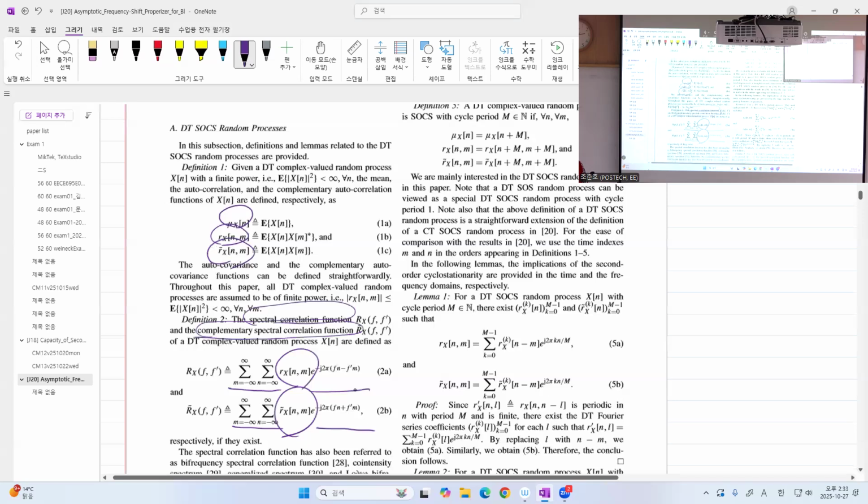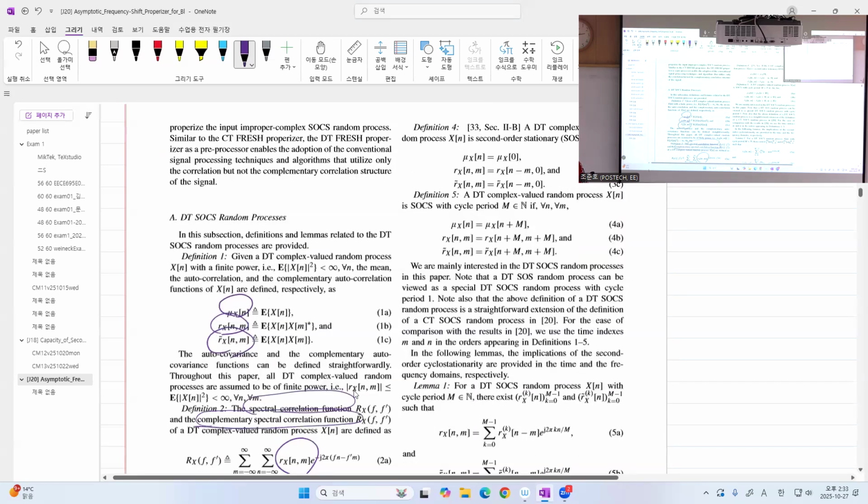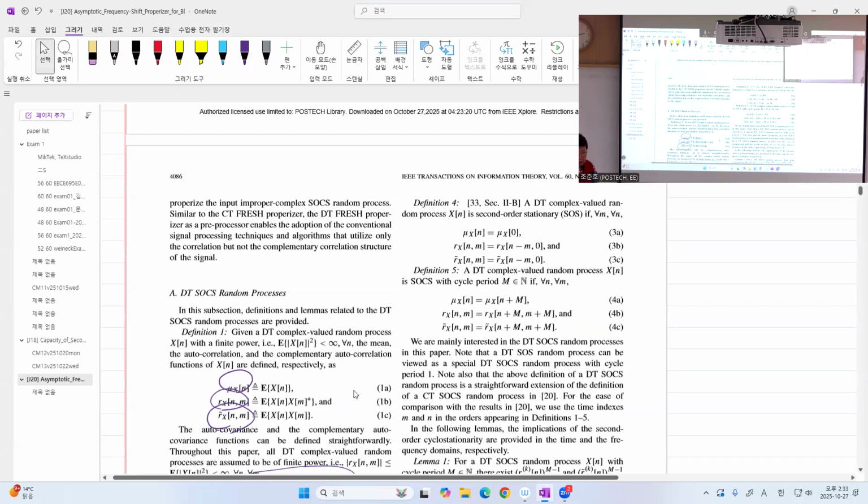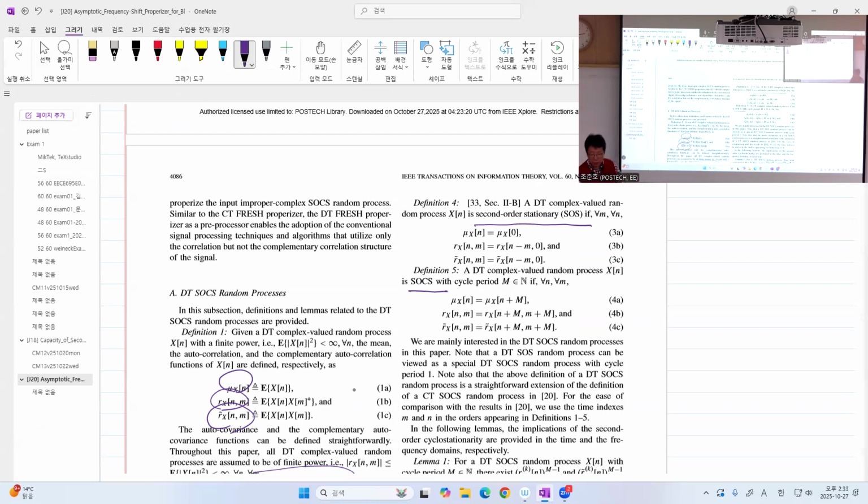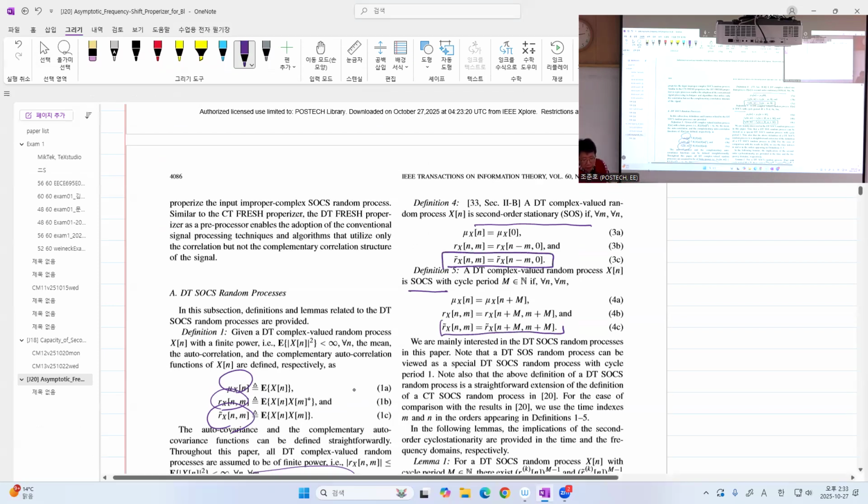And we have the definitions of second-order stationarity and second-order cyclostationarity. You may just assume that it's a little bit different from Weiss's cyclostationarity because these definitions involve complementary autocorrelation functions. Got it?